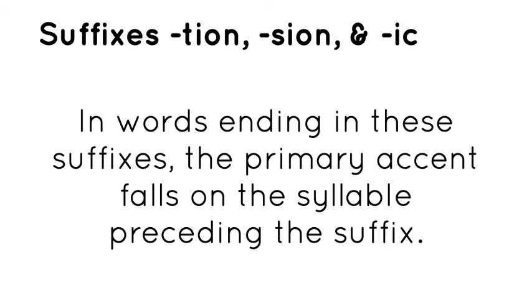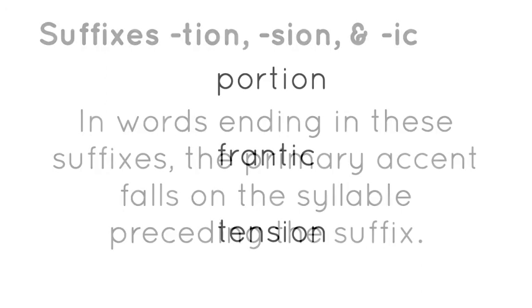And because of how they're often used, their relationship to root words gets a little tricky. And so they are worth mentioning that when these suffixes are being used, the primary accent usually falls on the syllable that comes right before these suffixes.